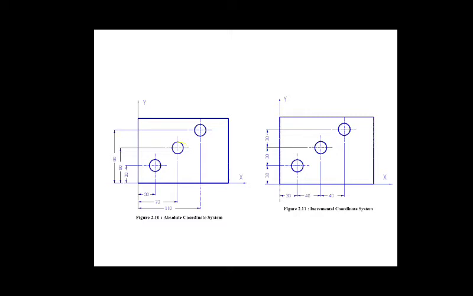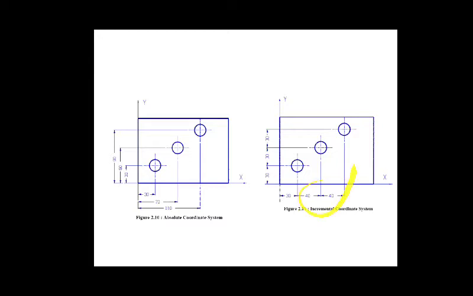And if we want to define the second hole, we are supposed to define it as 70, 60. And if we want to define the third hole, we can define it as 110 and 90. This is what we define in absolute coordinate system.